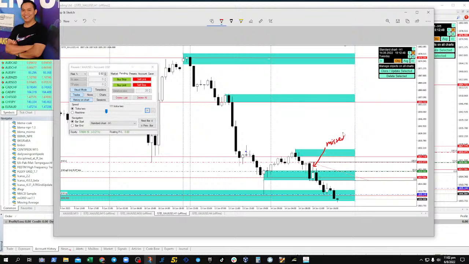Missed the sell as I was looking at buy at the lower time frame. Yeah, so I'm gonna journal this. It's not really a trade, but something that we missed.